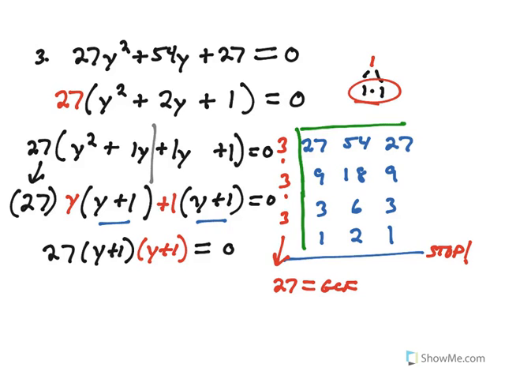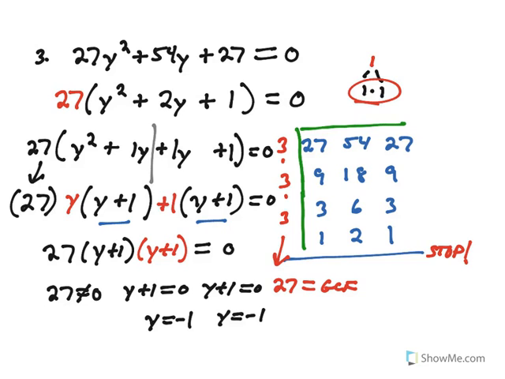Now, 27 does not equal 0, so don't worry about that. Okay? y plus 1 equals 0. y plus 1 equals 0. If we subtract 1 on both sides, we're going to get the answer y equals minus 1. And we don't need to write it twice. In other words, when you solve this equation, you're going to get minus 1.